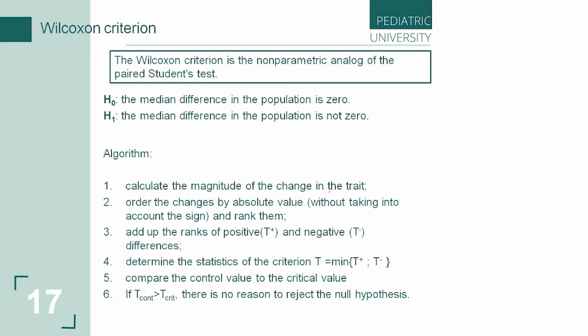The Wilcoxon criterion is the non-parametric counterpart of the paired Student test. The null hypothesis is that the median difference in the population is 0. The alternative hypothesis is that the median of the difference in the population is not equal to 0.